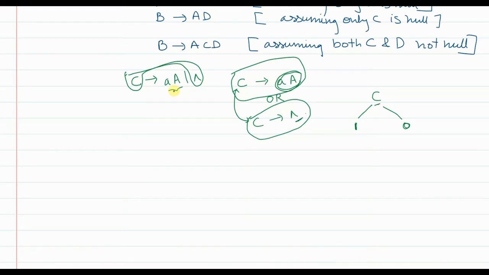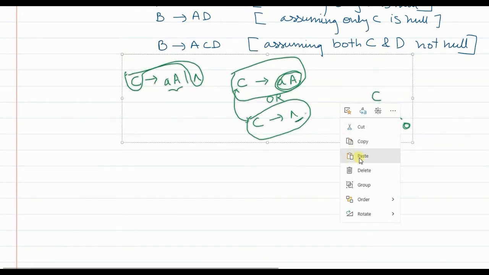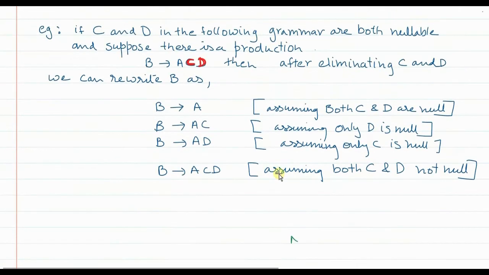Now, since we have these two possibilities, whenever we convert productions containing nullable variables, we have to consider the following things. In this case, as I've told you, C and D are nullable.